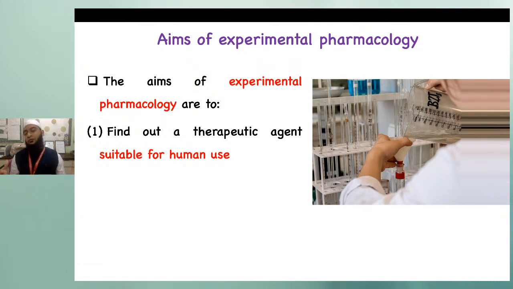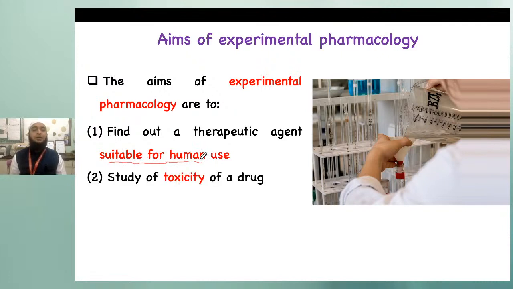We know how desperately scientists are working to bring out a vaccine for COVID-19. Likewise, scientists are working on drugs which can be used for the treatment of COVID-19. There are different targets, so they are working on this, right? So the main aim of experimental pharmacology is to find a therapeutic agent which is suitable for human use. This is a very important aim.